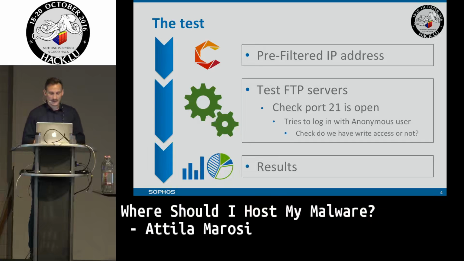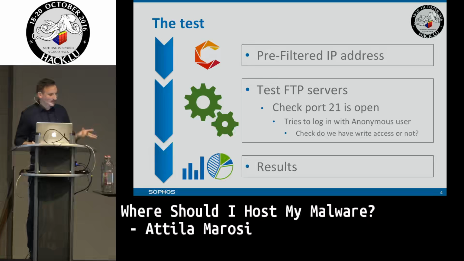In this case, I test the FTP servers to check whether port 21 is open, and try to log in with anonymous users. And if I can, try to write to the disk and test whether we have write access on the disk or not, which is not very good, I think. And then we get the results and analyze them.